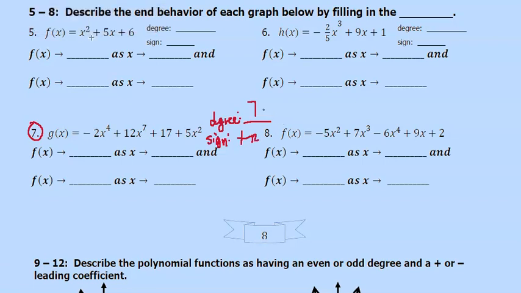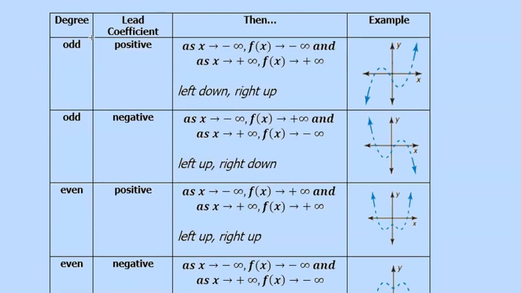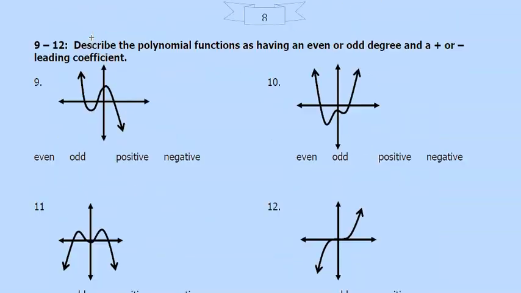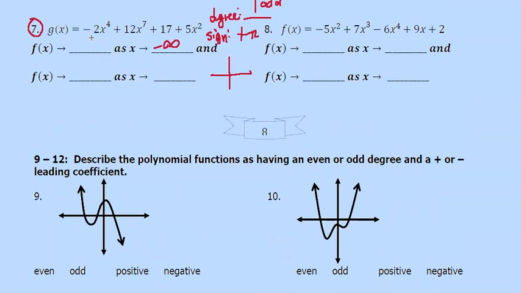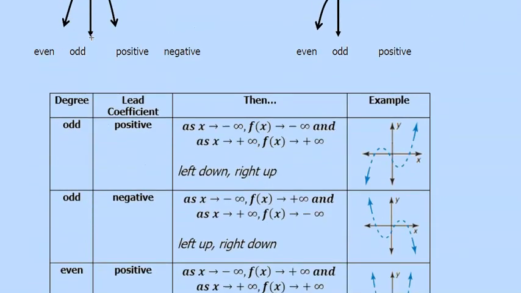So since the degree is 7, that's odd. And the sign, since the leading coefficient is 12, is positive. So as x approaches negative infinity, we can look at our table right here. We're looking for odd positive.